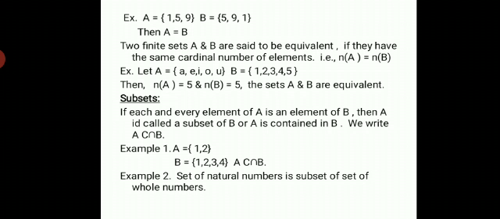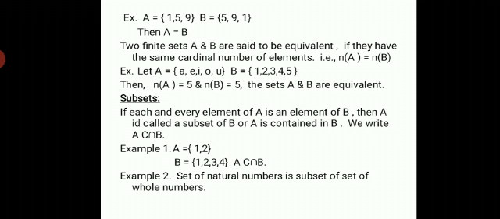Next, two finite sets A and B are said to be equivalent if they have the same cardinal number of elements. That is, n(A) = n(B). For example, consider A = {a, e, i, o, u}, the English vowels, and set B = {1, 2, 3, 4, 5}.